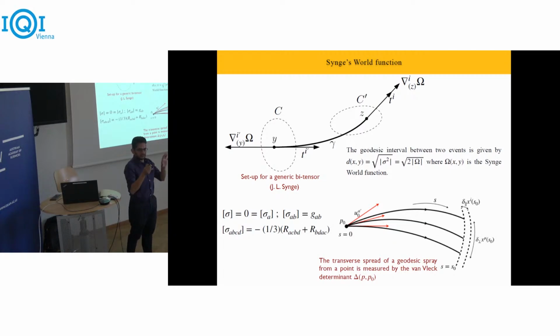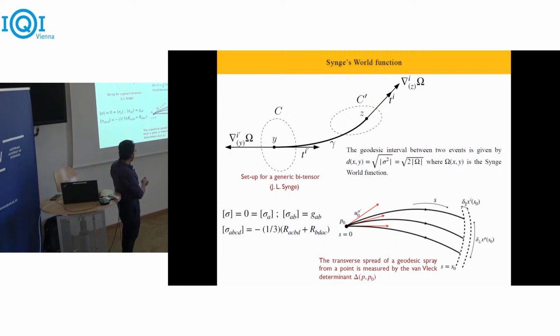The nice thing about this is that you can take the coincidence limit of the world function and retrieve the information about metric, curvature, everything just from the world function. This is a fact which will play a very important role in the last part of my talk. I will be trying to rebuild the geometry of space-time not by looking at the metric tensor, but by looking at the world function. That comes as the last part of the talk.